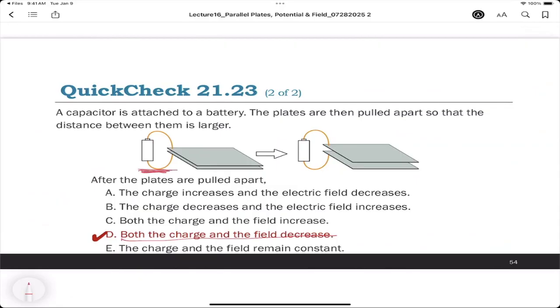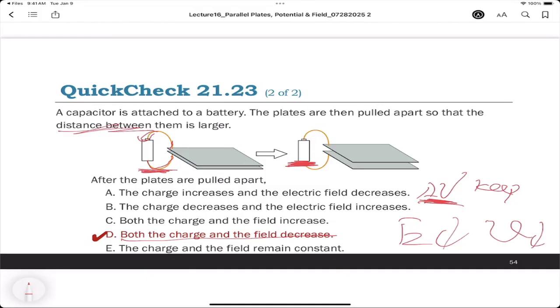Because it is always connected to the battery, the voltage difference delta V stays the same. Since the distance becomes larger, the field will decrease and the charge also decreases according to the equation. That makes sense to you.